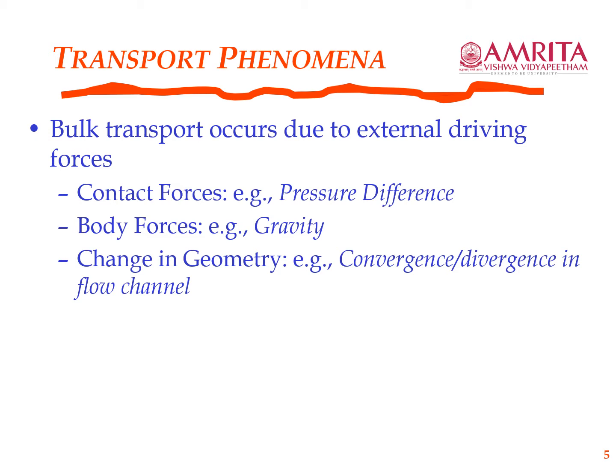This is, for example, a convergence or divergence in a flow channel, or a change in orientation, so to speak. Suppose you have an L bend, or you have a T junction, whatever. So there is definitely a bulk transport that occurs because of these orientational changes in the geometry.